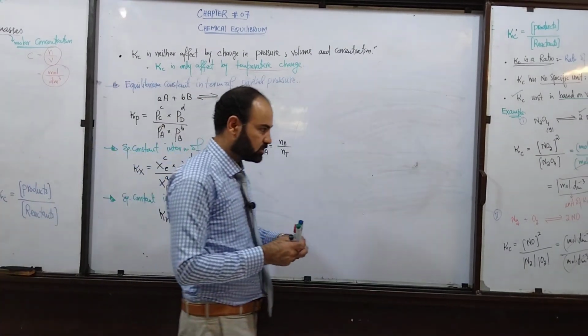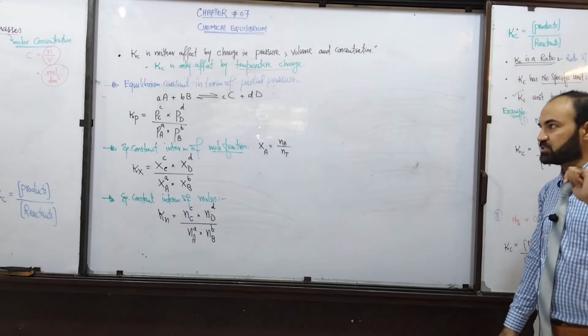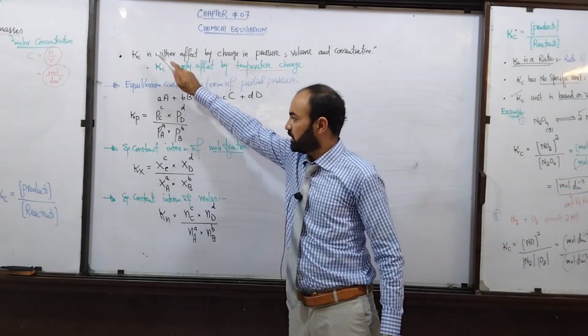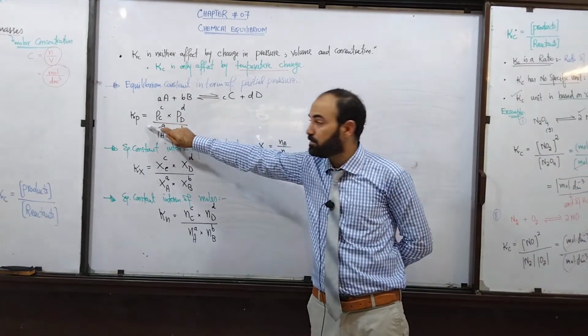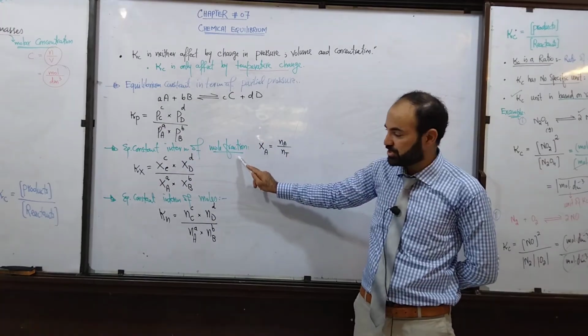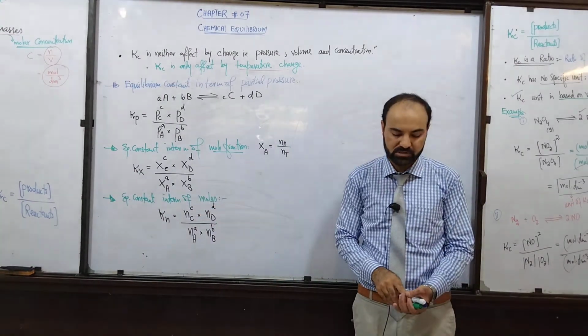So we have expressed four equilibrium constants: one in terms of Kc, one in terms of Kp, partial pressure, the next in terms of mole fraction, and the next in terms of moles.